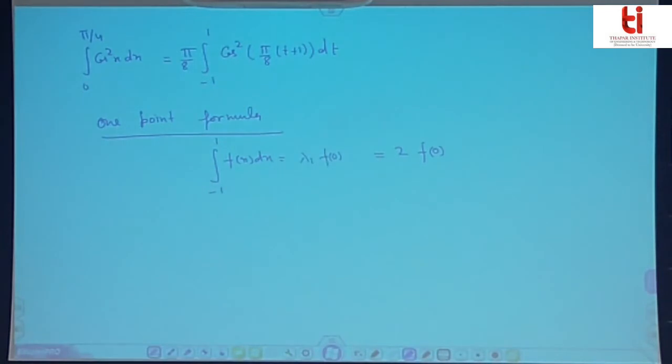Here the function is cos square of pi by 8 (t plus 1) times pi upon 8 dt. It is coming out to be pi by 8 times 2 into the value of cos square at t equal to 0. So it is coming out to be cos square pi by 8, and the value is 0.3927.